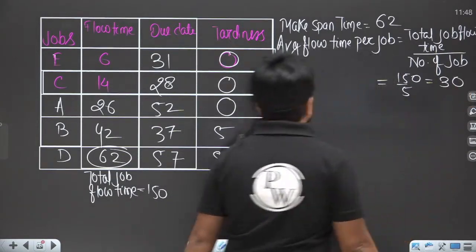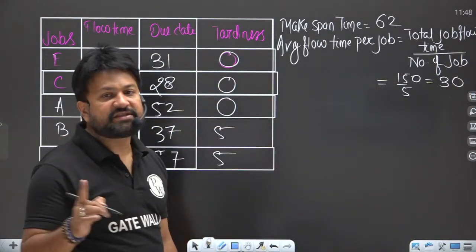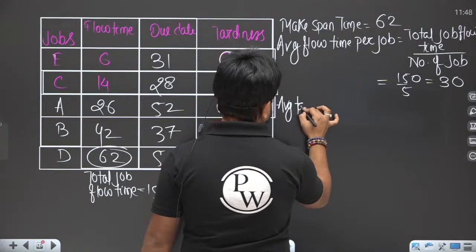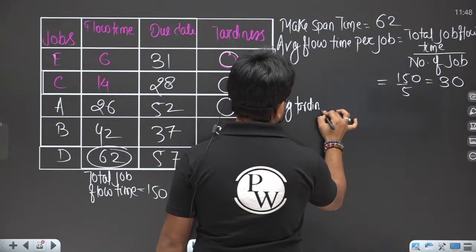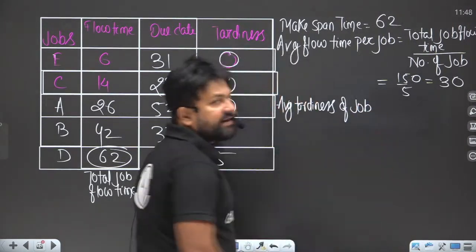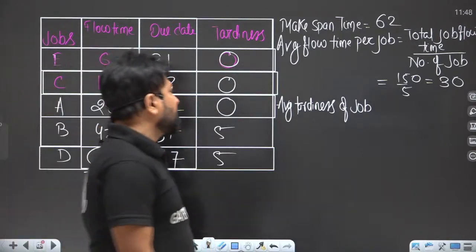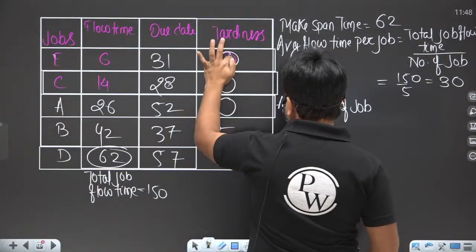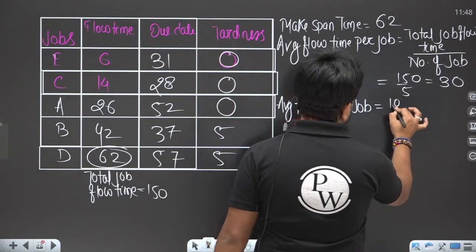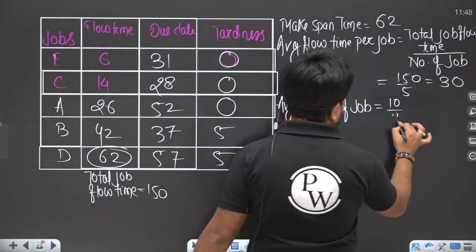So it will become 30. Now you have to find out average tardiness per job. How much tardiness? 0 plus 0 plus 0 plus 5 plus 5. It will be 10. Divided by number of jobs, 5.